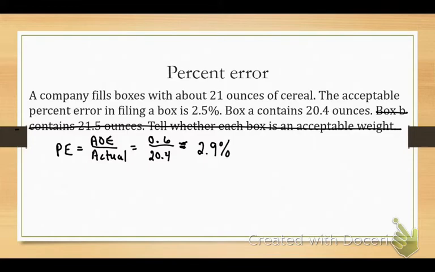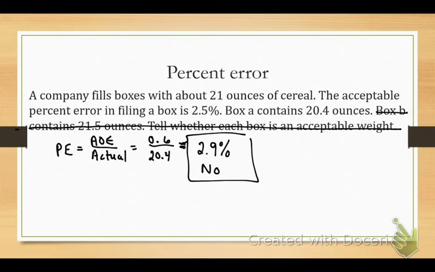Where did you get 0.6? I did 21 minus 20.4. I subtracted what was supposed to be in it versus what was actually in it to see how much it was off by. So 2.9%. Did they make the cut? No, it is not acceptable for percent error.